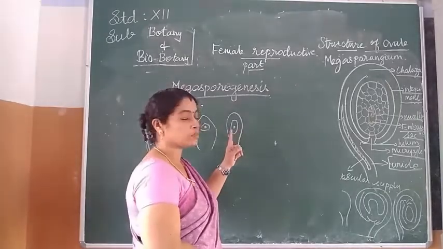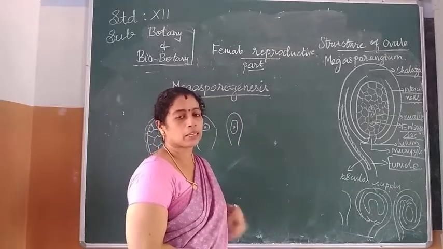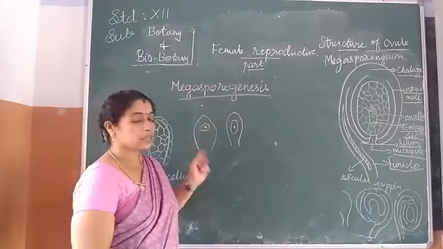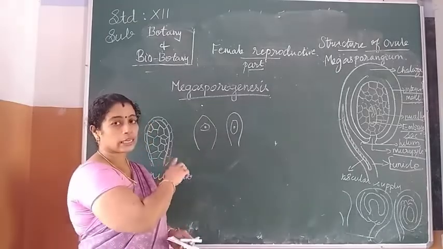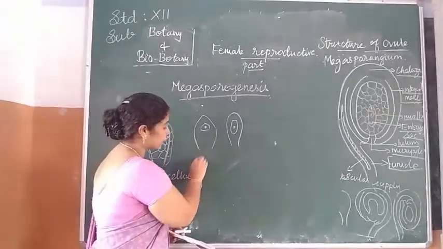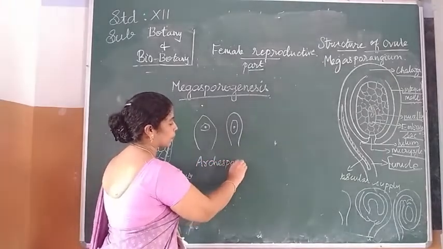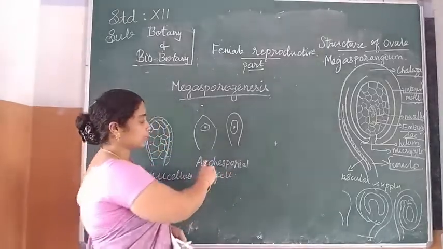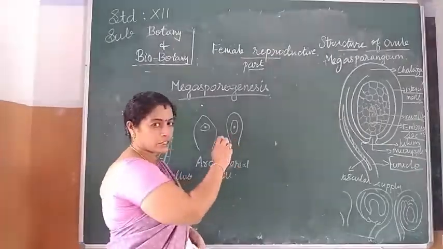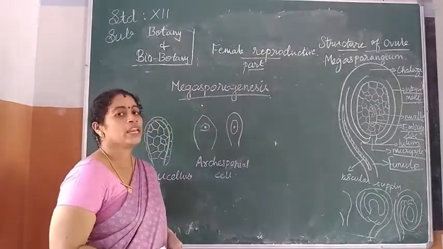Sometimes this archisporial cell itself acts as a megaspore mother cell. So first the nucellus will differentiate. One of the cells of nucellus will differentiate into archisporial cell. This cell will get enlarged.